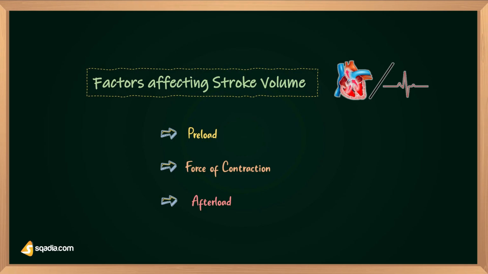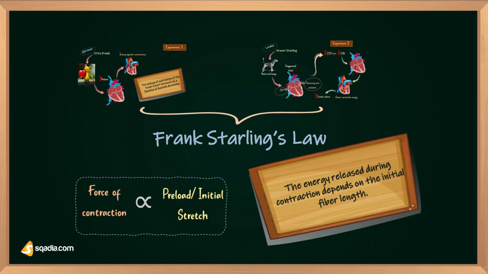Secondly, we will discuss the factors that affect stroke volume and ultimately affect cardiac output under title Factors Affecting Stroke Volume, where our focus will be on factors affecting preload, force of contraction, and afterload of the heart.